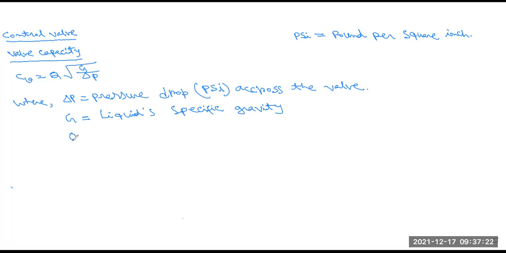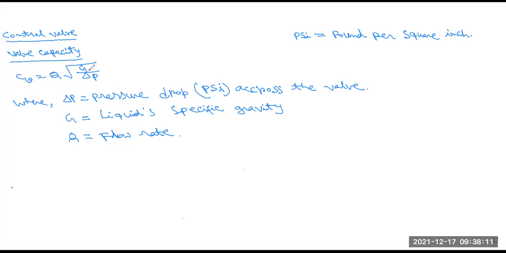Remember this. Q is the flow rate. So please remember this expression: CV equals Q into root over G by delta P, where CV is the valve capacity, Q is the flow rate through the valve, and G is the specific gravity of the liquid you use in the valve. For normal water, the specific gravity is 1.